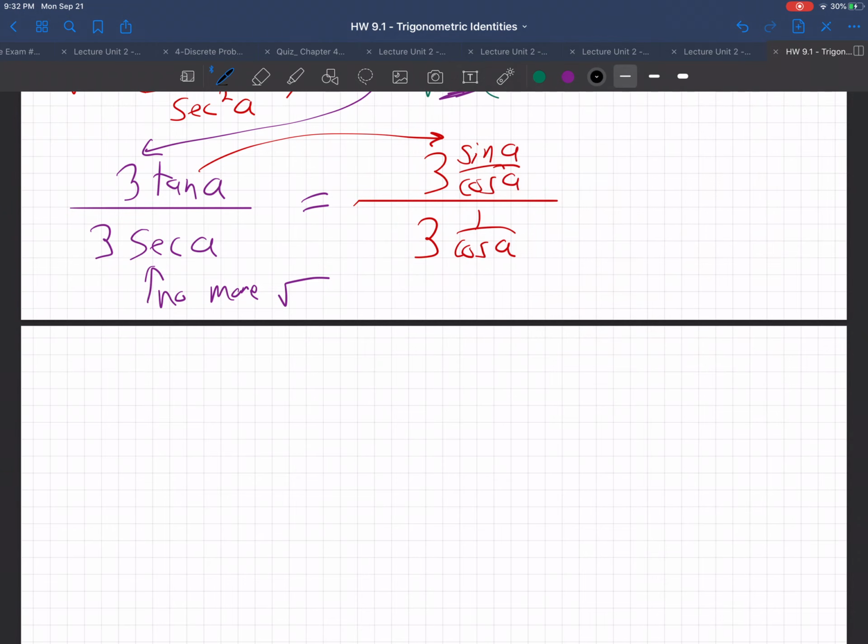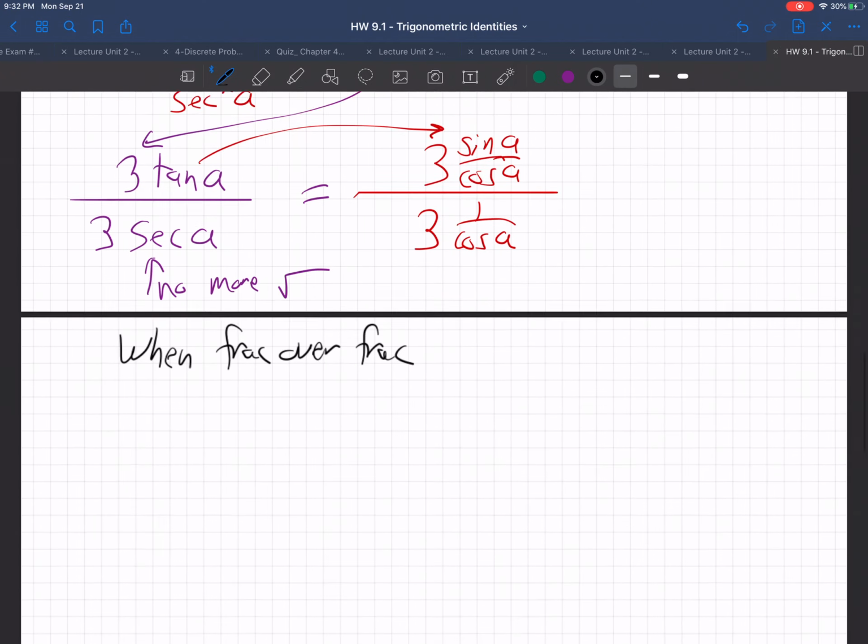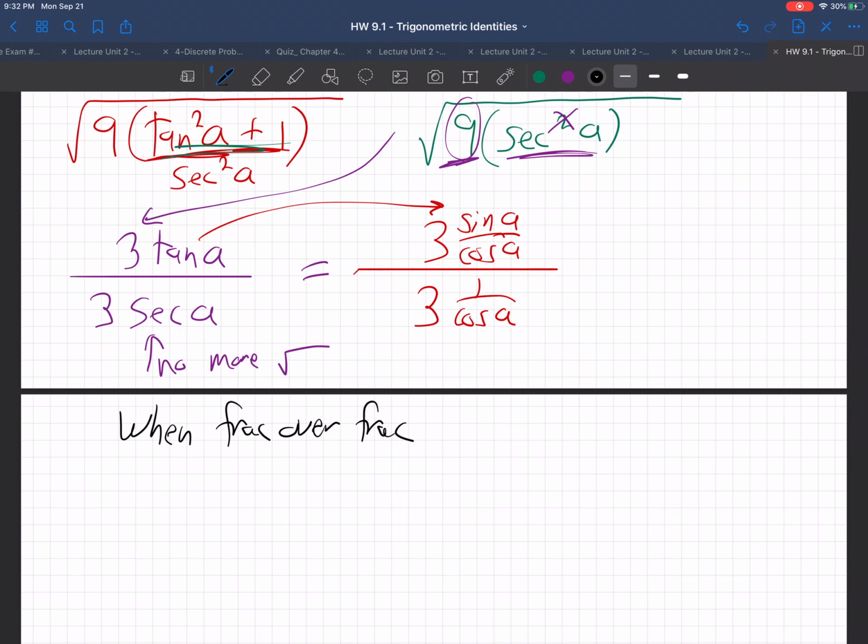Let me write a note. I've written it a few times. Let's see if it makes sense for you. When we have fractions over fractions, what do we do about that?